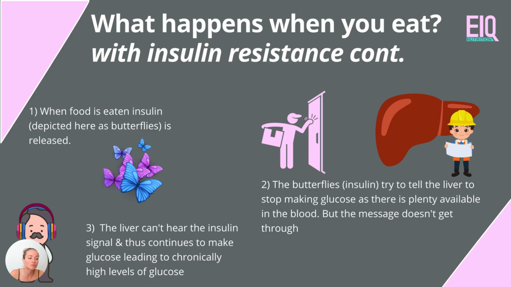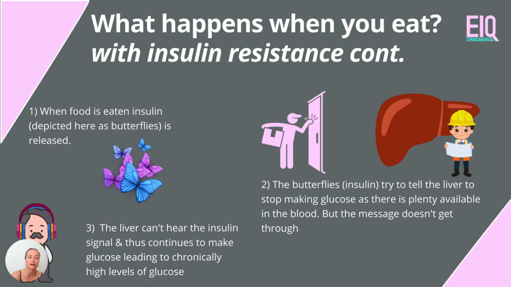Normally, when you're insulin sensitive, the presence of insulin will signal to the liver, hey, let's not break down stores of glucose, glycogen, or fat to create glucose. Instead, there is already a lot of glucose in the blood, so we should turn that off.